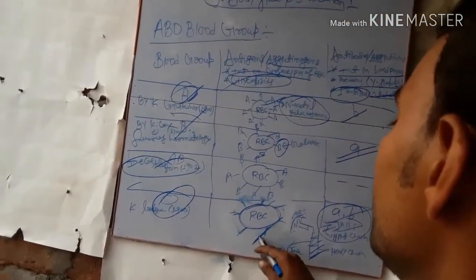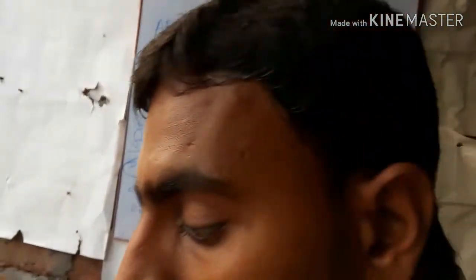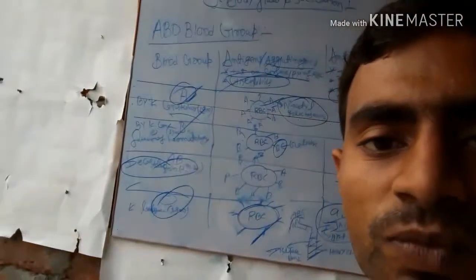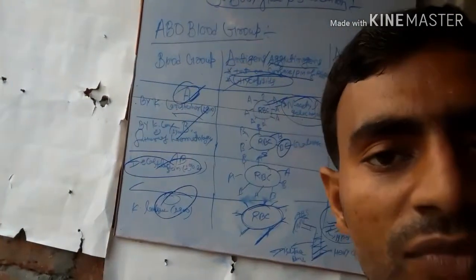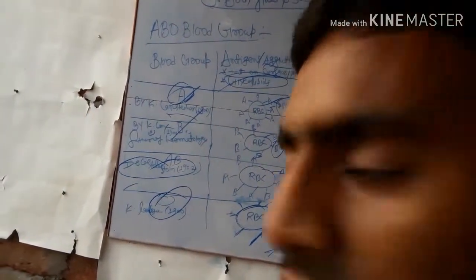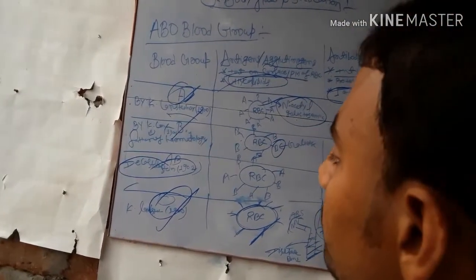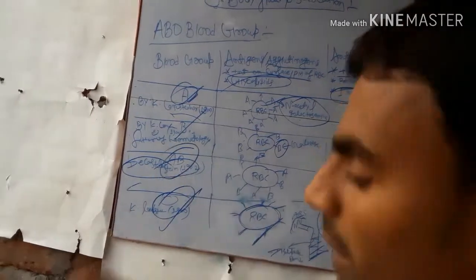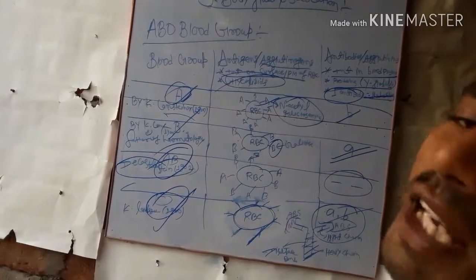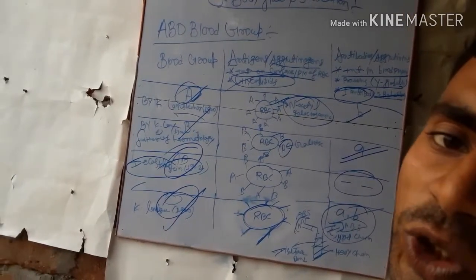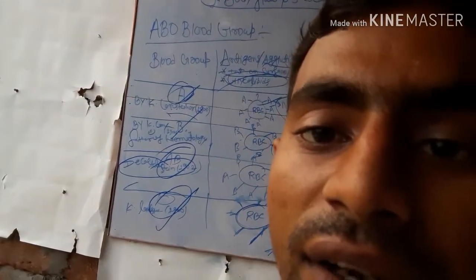Here, blood group A and B antibodies are present, and antigens A and B are absent. So blood group O is the universal donor. In blood group AB, antibodies are absent, so blood group AB is the universal recipient.